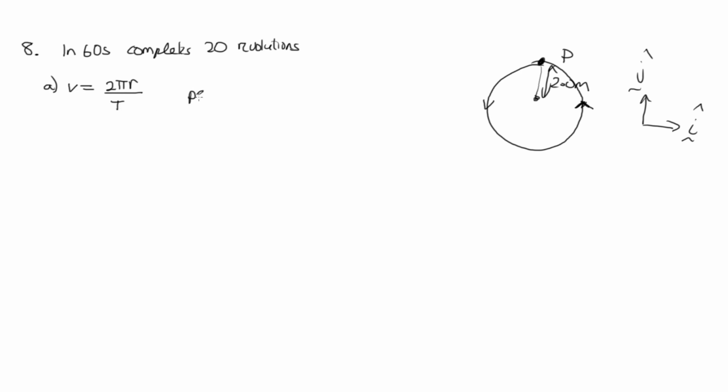So the period is time for 1 revolution, and we know that in 60 seconds it completes 20 revolutions. So to get the time it takes for 1 revolution, we're going to need to divide the 60 seconds, the time it takes, by the number of revolutions it does, the 20.